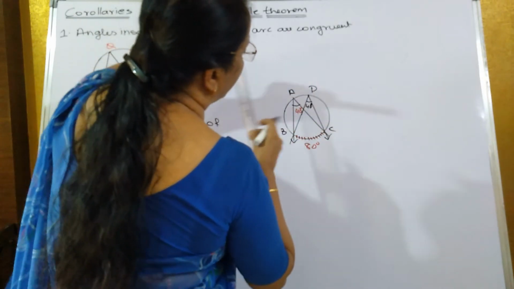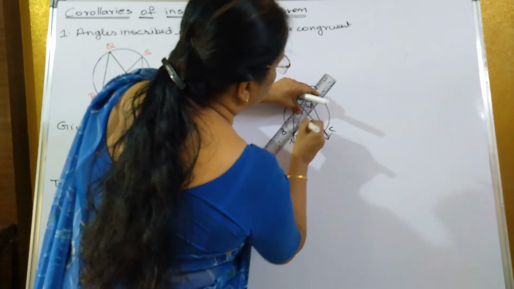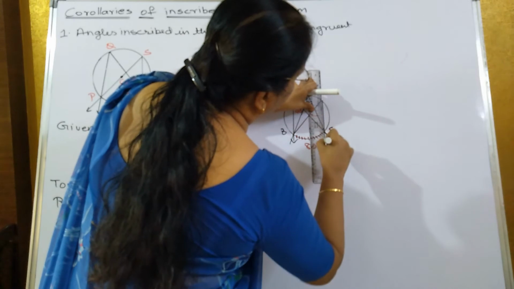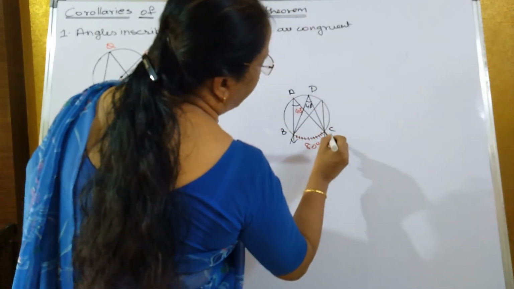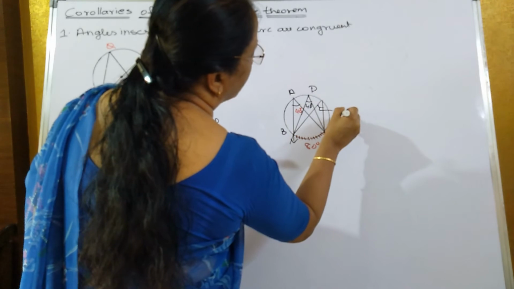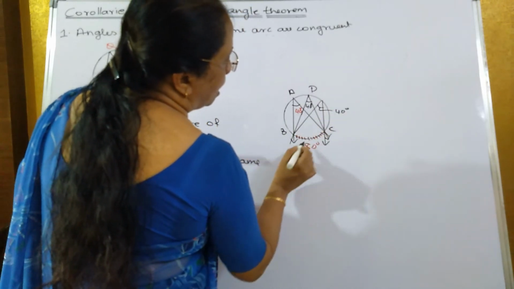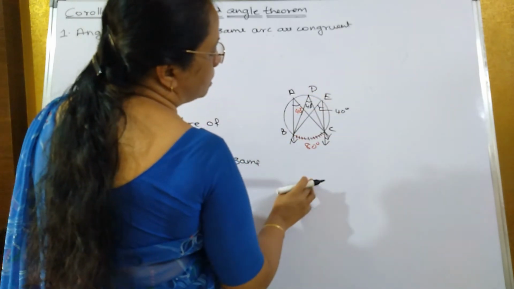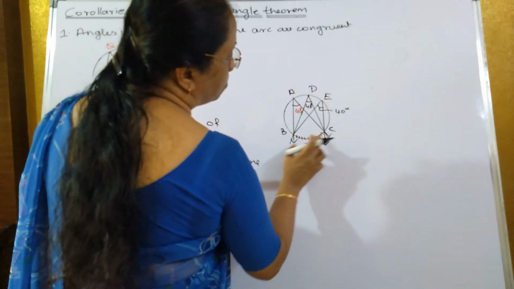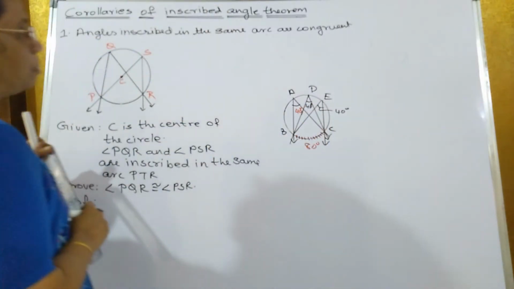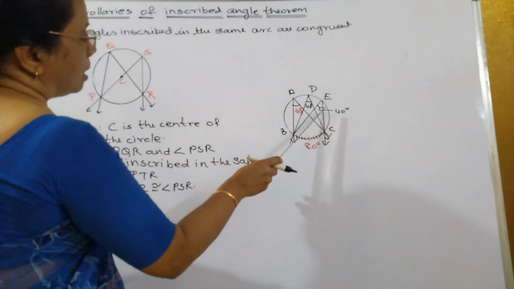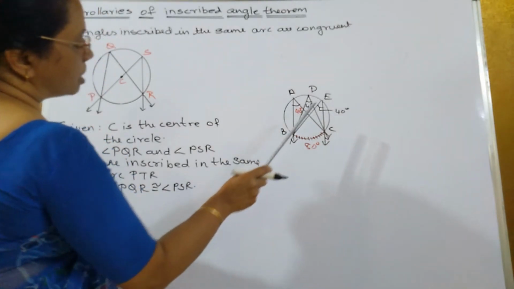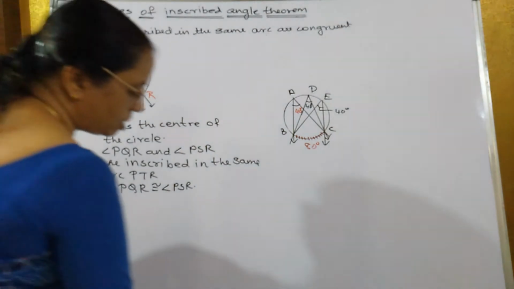If I take another angle which is inscribed and the intercepted arc is the same as the previous two angles, then that also will be equal to 40 degrees. Why? Because the intercepted arc is what? Over here BC. So angle BEC, the intercepted arc of this angle is what? BC. So this angle also will be equal to 40 degrees. So angles inscribed in the same arc are always congruent to each other. That is the explanation of this corollary.